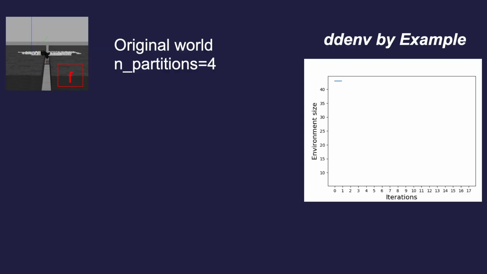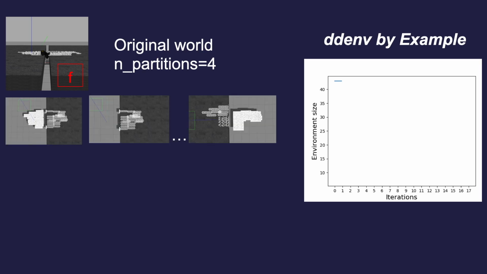This example shows the DDENV technique in action. As the algorithm progresses and partitioning and ordering are performed, it will encounter runs in which the manipulated environment is either a success or a dissimilar failure.